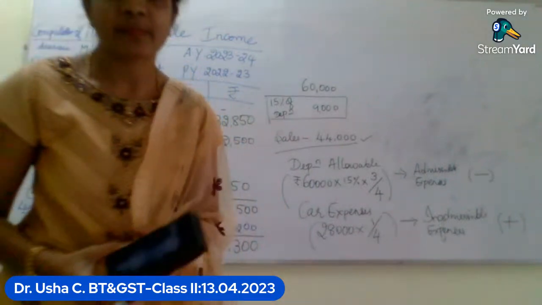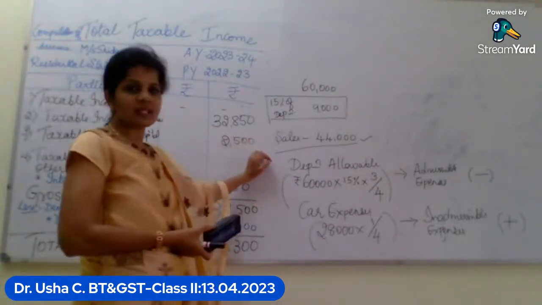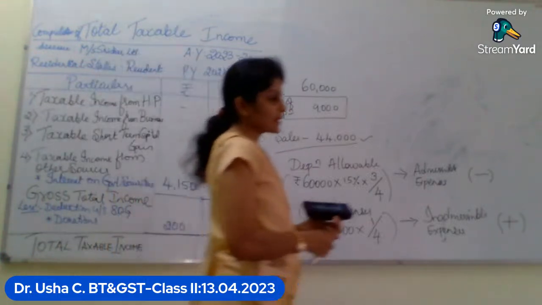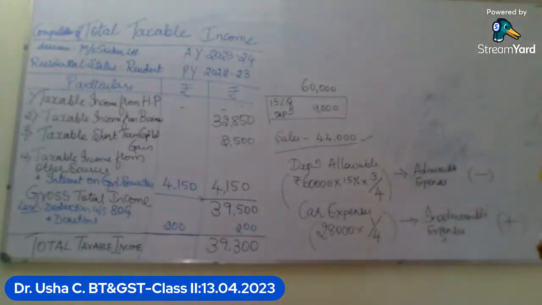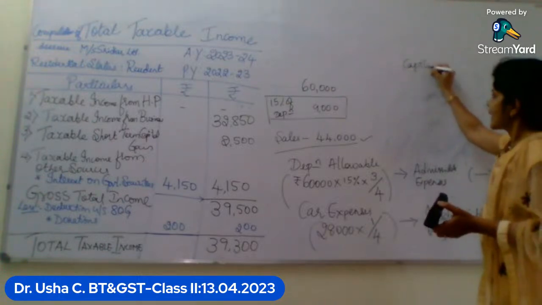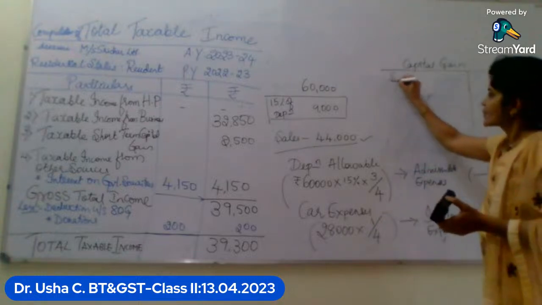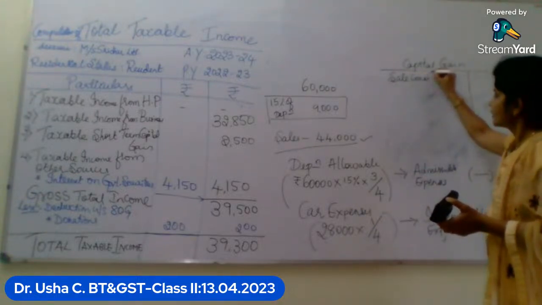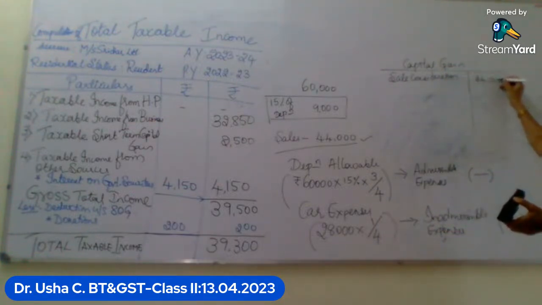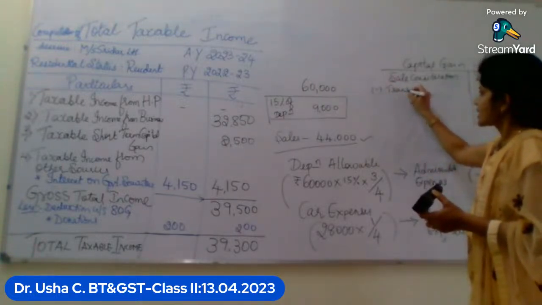Yes, the sale of an asset is a capital gain. Why have they given the car purchase value? Because look here, the car was purchased for rupees 60,000. For capital gain, we need to calculate. How to calculate the capital gain? We have to take the sale consideration. Sale consideration is 44,000, and we need to deduct any transfer expenses or sale expenses.